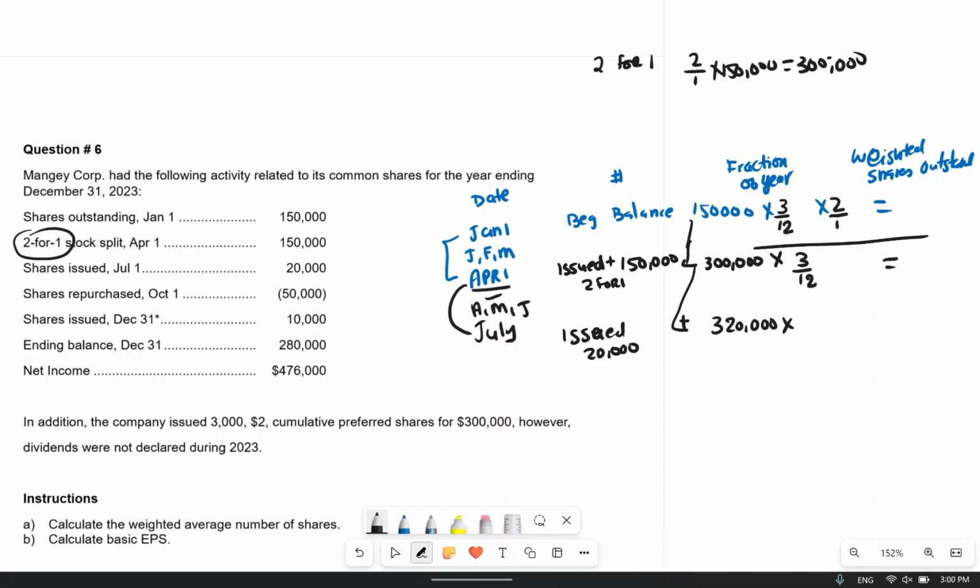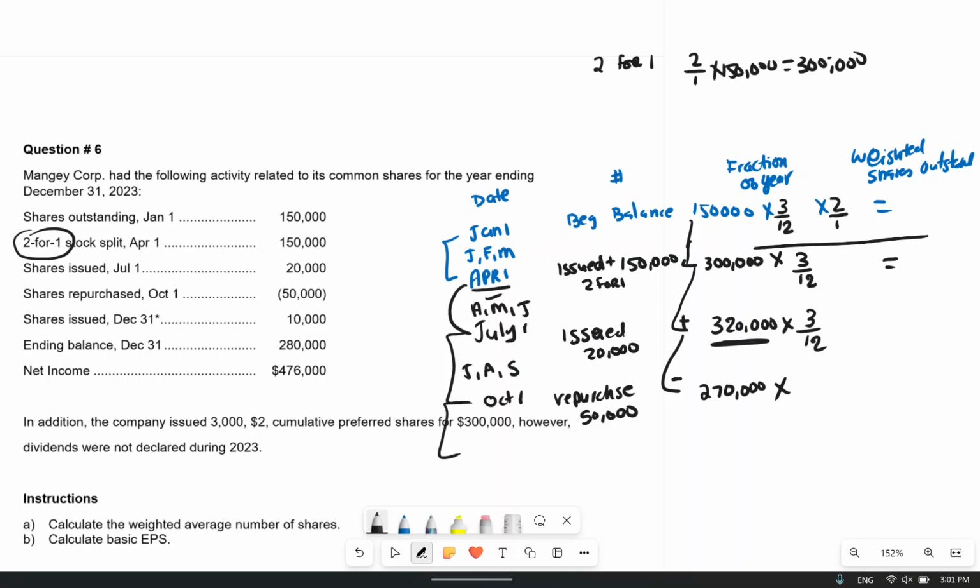Then October 1st, we repurchased. If you repurchase, you have to subtract it. In this case, it was 50,000. You were left with 270,000. How long was this outstanding? July, August, September, so this is 3 over 12.